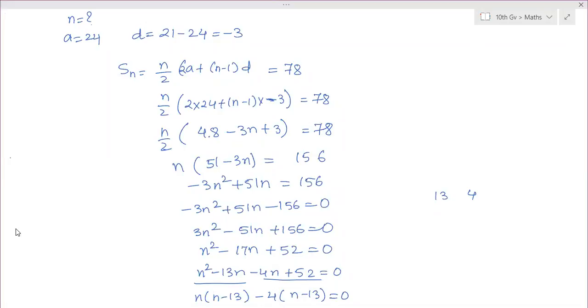How is that possible? Ma'am, 13 includes even negative numbers. Sum of 4 terms and sum of 13 terms means what? Sum of all 13 terms from 1 to 13. In that case, how?